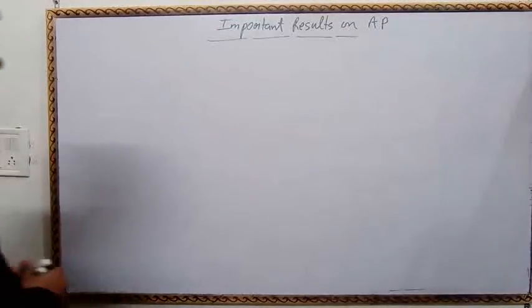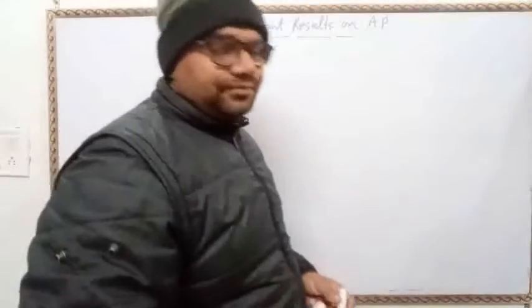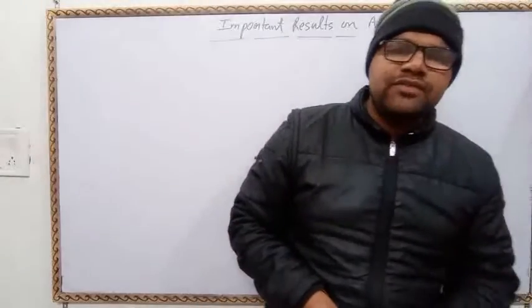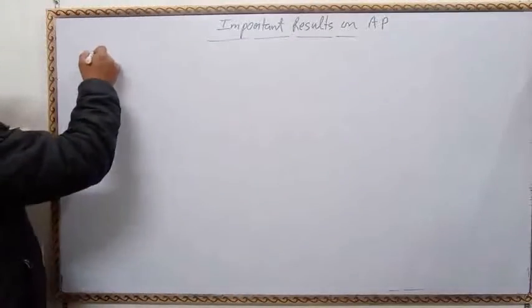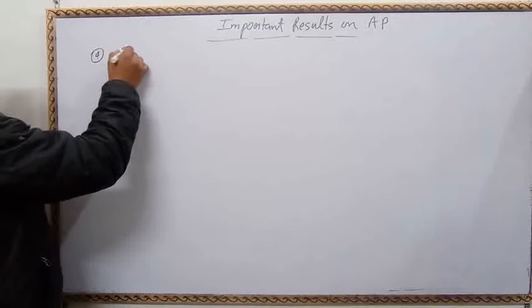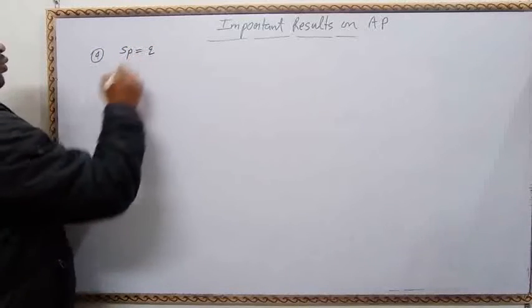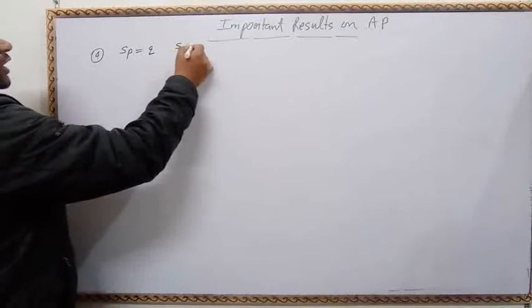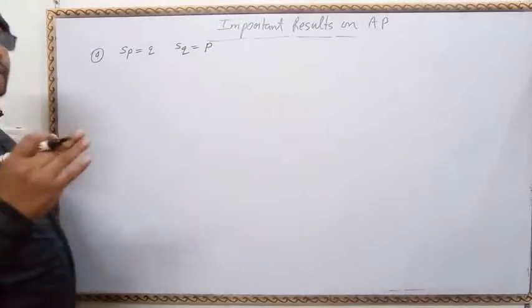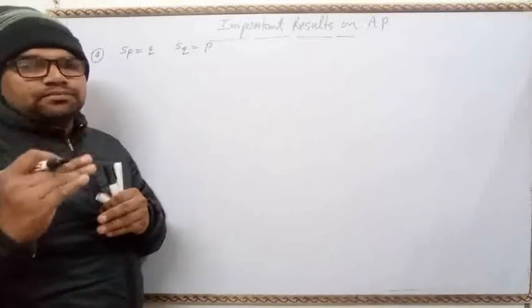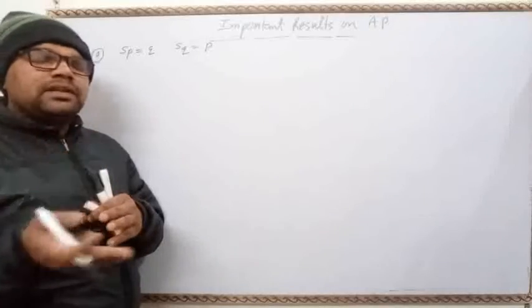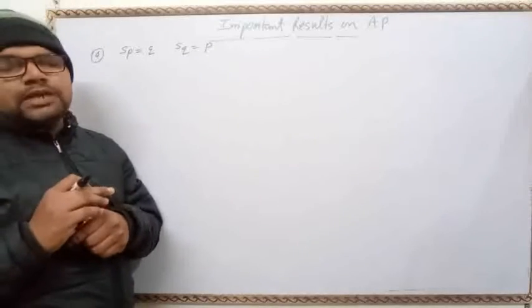Okay. Now come to the next point, and the next point is very, very important. If the sum of P terms is equal to Q and the sum of Q terms is P, then, previously we studied that if TP equals Q and TQ equals P, then T(P+Q) is 0.